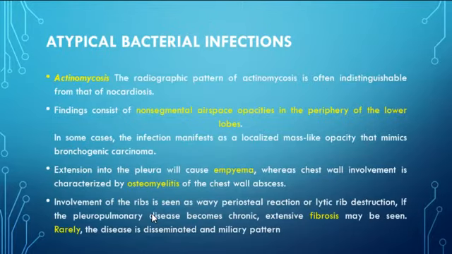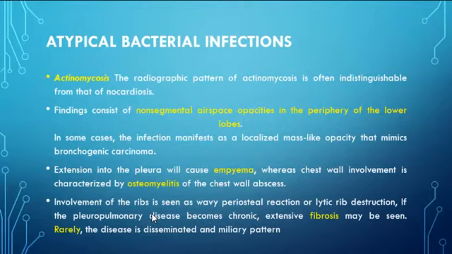Now we have atypical bacterial infection. Actinomycosis. The radiographic pattern of actinomycosis is often indistinguishable from that of nocardiosis. Findings consist of non-segmental airspace opacities in the periphery of the lower lobes. In some cases, the infection manifests as a localized mass-like opacity that mimics bronchogenic carcinoma.